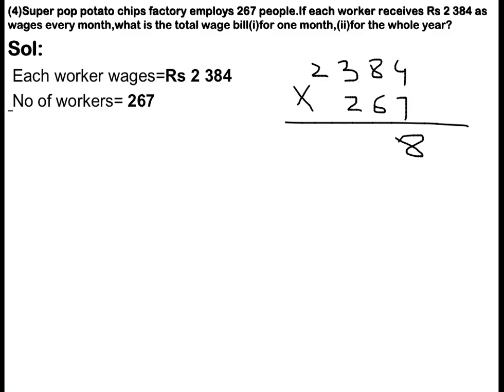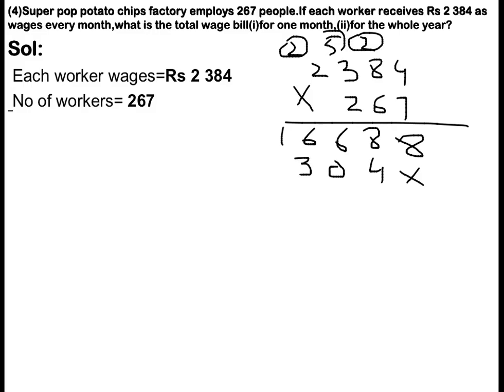7 fours are 28, 2 carry. 7 eights are 56, 57 and 58, 5 carry. 7 threes are 21, 22, 23, 24, 25 and 26, 2 carry. 7 twos are 14, 15 and 16. 6 fours are 24, 2 carry. 6 eights are 48, 49, 50, 5 carry. 6 threes are 18, 19, 20, 21, 22, 23, 2 carry. 6 twos are 12, 13 and 14.